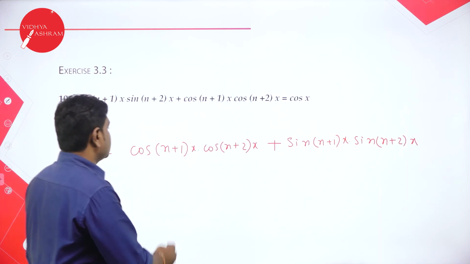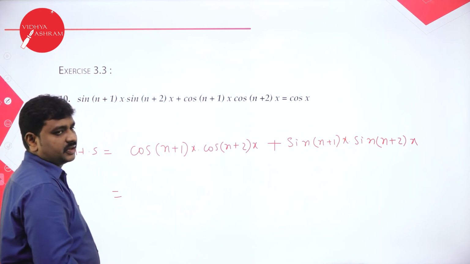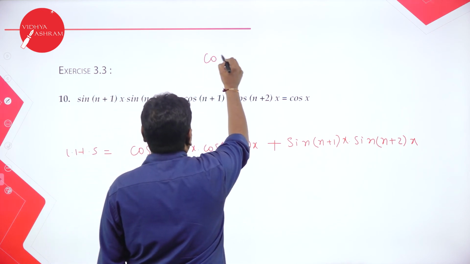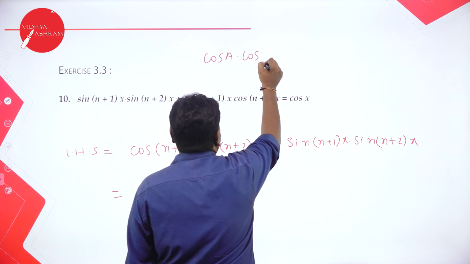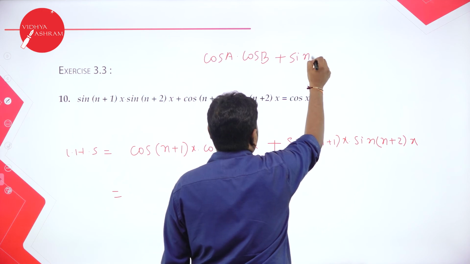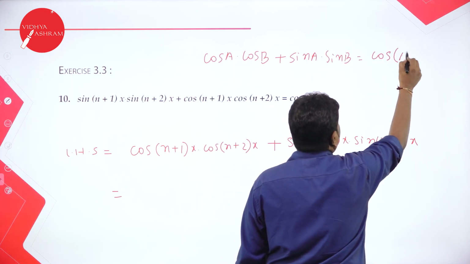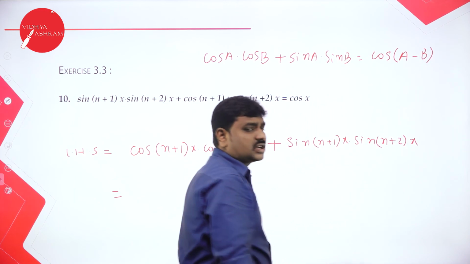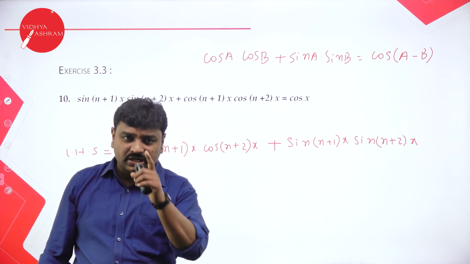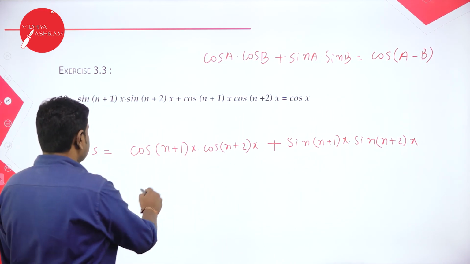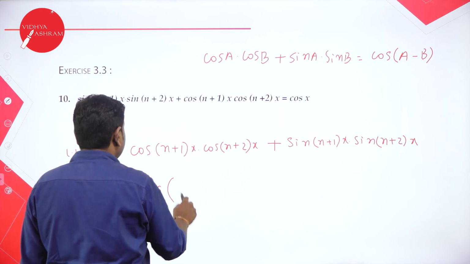Now it is in the form cos a cos b plus sin a sin b. All of you know what is cos a cos b plus sin a sin b. Cos a cos b plus sin a sin b is compound angle, cos of a minus b. So I'll write this as cos of a minus b. A is what?